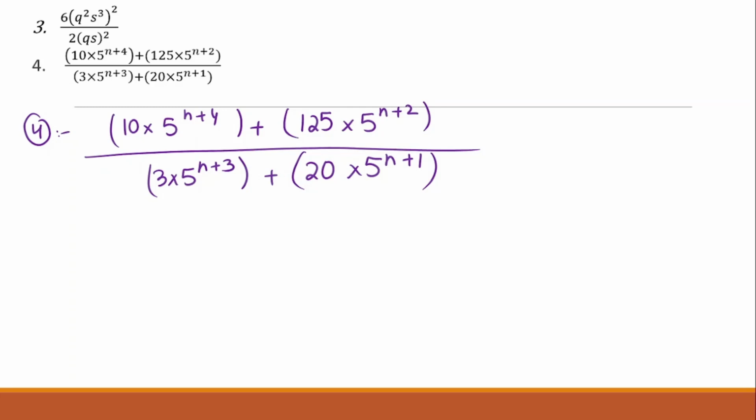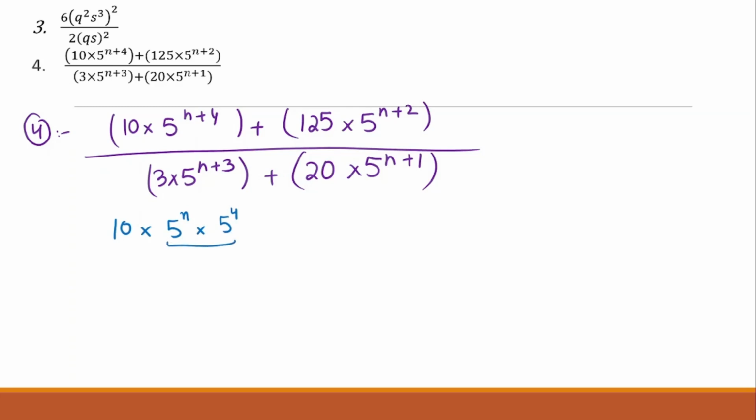In order to remove this n, let's split the powers. I can split 5 to the power n plus 4 like this: 5 to the power n multiplied by 5 to the power 4. I have just applied the reverse of the product rule here.